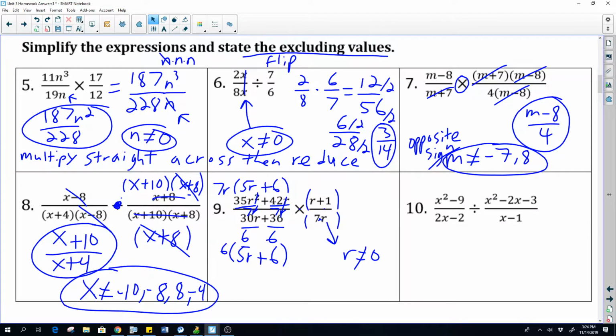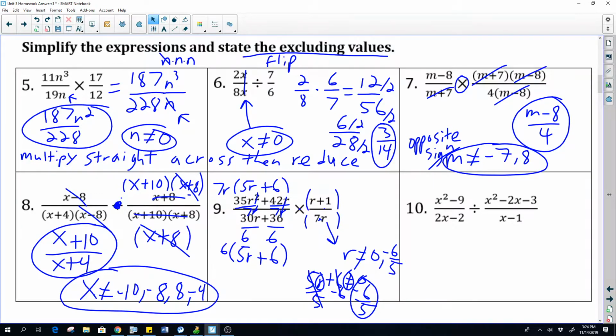Before we cancel the top and bottom, we set it not equal to 0. Minus 6 over to the other side, divide by 5. So R cannot equal negative 6/5 as the other exclusion.